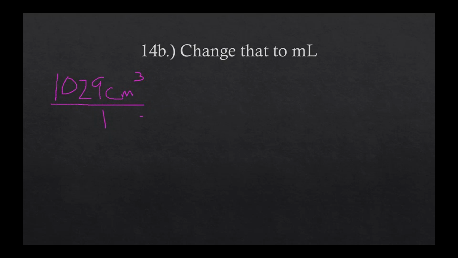So to change from cubic centimeters to milliliters, 1 cubic centimeter is the same as 1 milliliter. Thinking through the mathematics of that, your cubic centimeters cancel out. Multiplying by 1 doesn't change anything. So my answer is still 1029. The label just changed from cubic centimeters to milliliters.